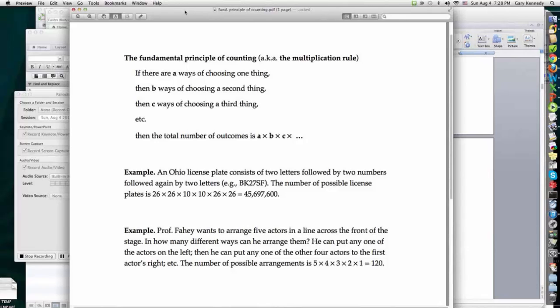Well, that sounds awfully abstract. I think when you see it in action, you'll feel it's relatively simple. My first example is a method that used to be used for assigning license plates in the state of Ohio. Namely, in those days, an Ohio license plate consisted of 2 letters, followed by 2 numbers, followed again by 2 letters.